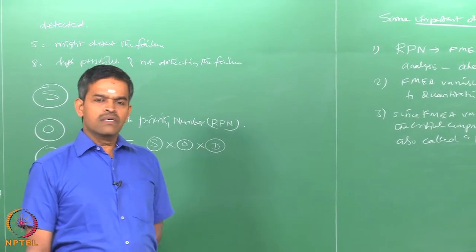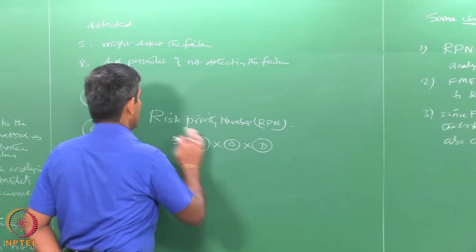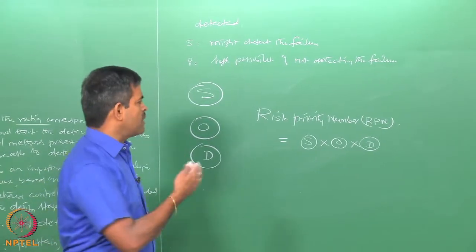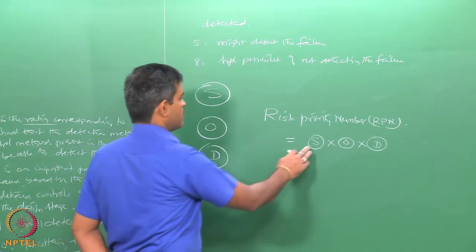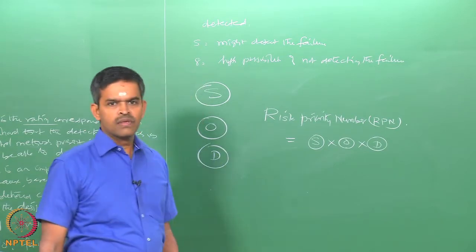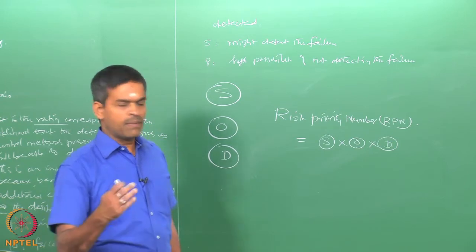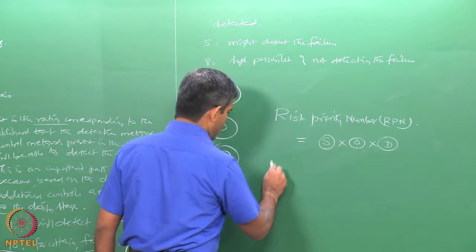So, it is very interesting that a simple product of these three will give me RPN. Let us look at fairly a good number of this value. Let us say we know severity shows that if it is most severe, it is considered to be number 10. Let us say I have a component which is very severe.